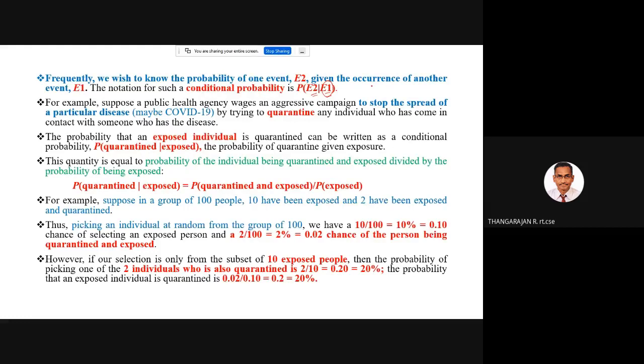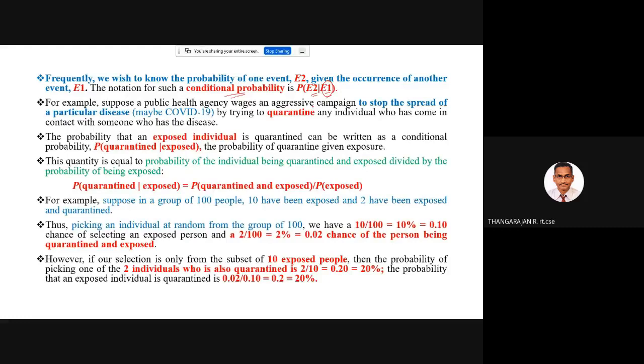In that case, this is called conditional probability. What do we mean by that? What is the probability that India is going to win the match, given that it is not going to rain? Or what is the probability that Australia will win if it is going to rain? In that case, we apply conditional probability, where we put a bar symbol.